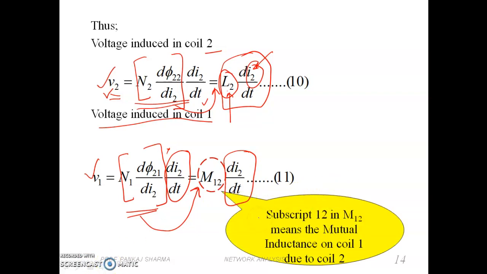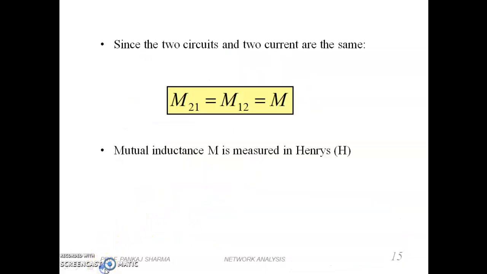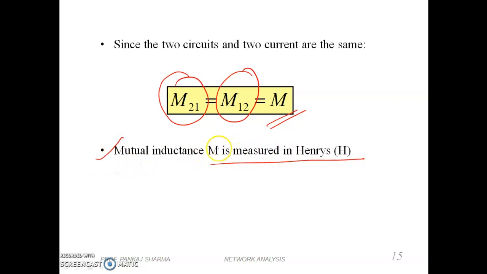The subscript 12 in the mutual coefficient M12 means that the mutual inductance on coil 1 is due to coil 2. Since the two circuits and two currents are the same, M21 will be equal to M12, which is commonly denoted M. Mutual inductance M is measured in henries. Whether it is mutual or self, if it is inductance, the unit will be henries.